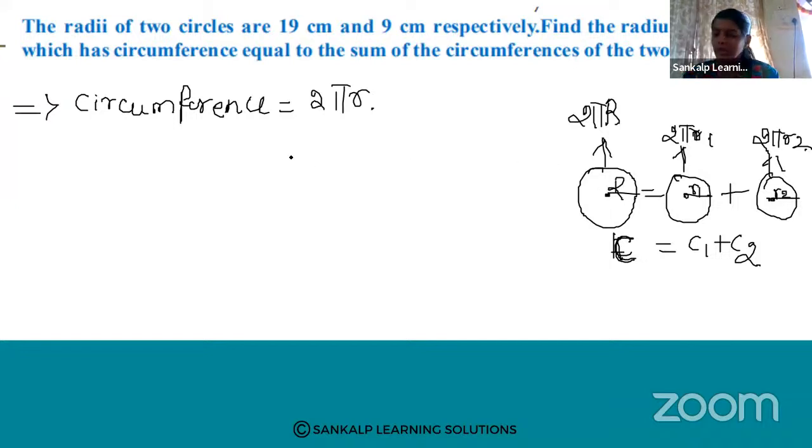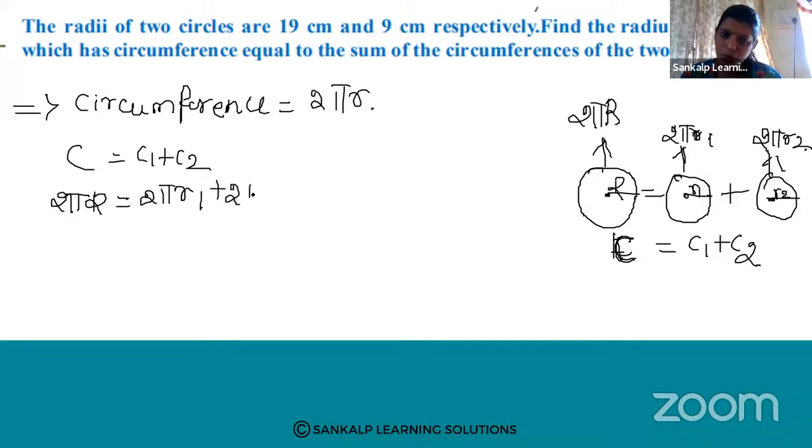Okay. Now, when these two are equal, how are you going to write? Write C is equal to C1 plus C2, so you don't get confused. C is 2 pi R. Right. And C1 is 2 pi R1 and C2 is 2 pi R2. Right.